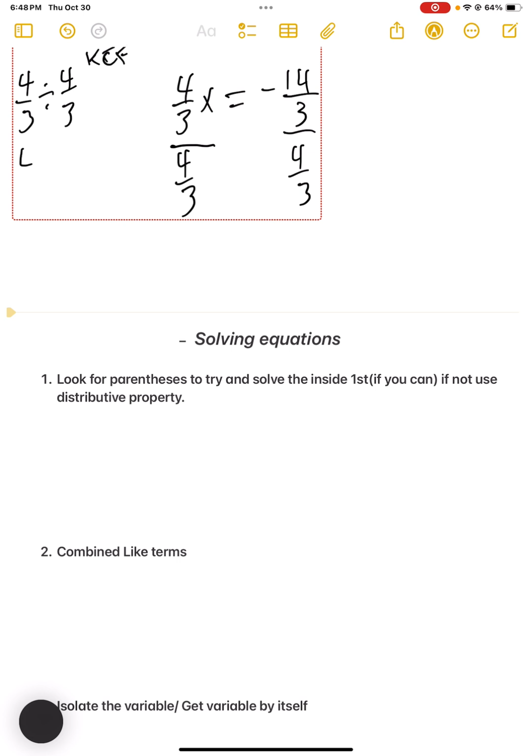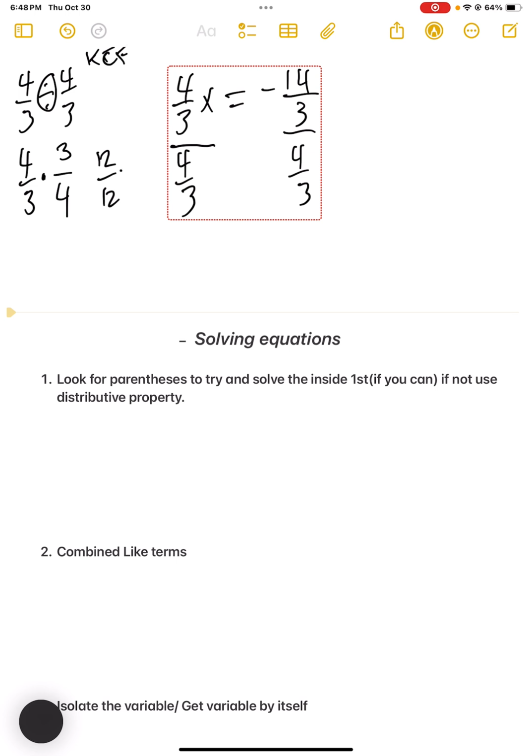So that would be 4/3, change division to multiplication, flip it to 3/4. This is going to equal 12/12, which is equal to 1. So that means this basically goes away, and I have x by itself. Because remember, I told you if I can get x to the 1, that means I can write x by itself. And that's what that equaled, okay?